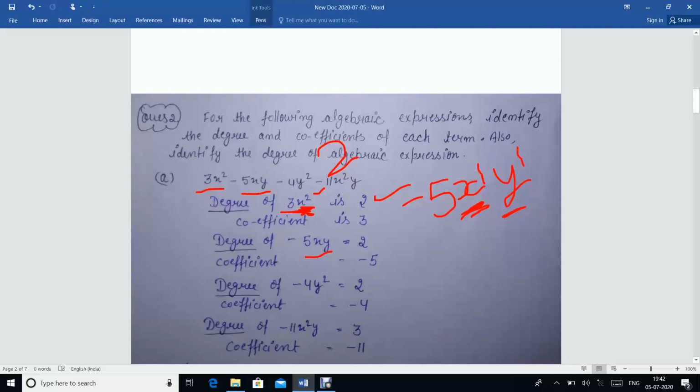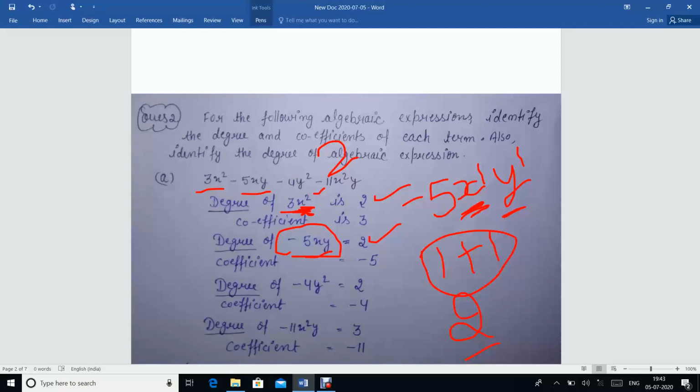The power of x is 1 plus the power of y is 1, and 1 plus 1 is equal to 2. So we can say that the degree of the term minus 5xy is 2. To find the degree of any term in which two variables are given, you have to add the powers of these two variables, and that is the degree of the term.